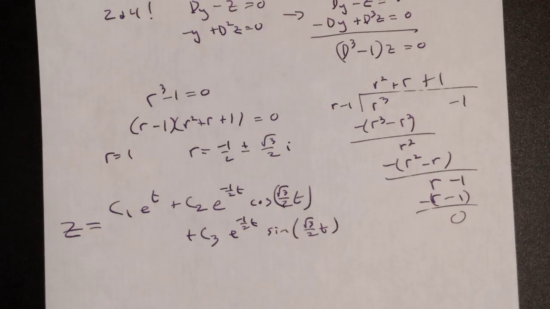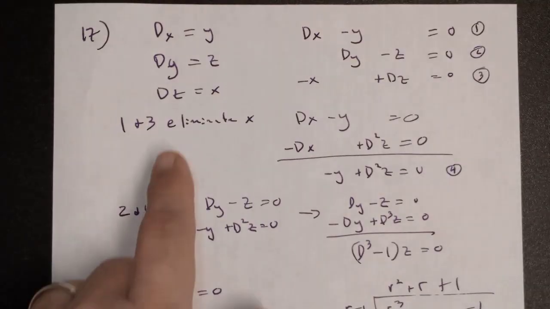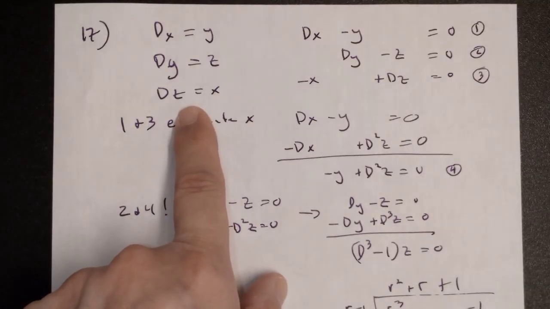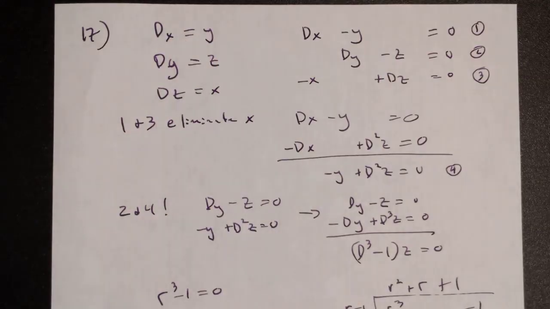Well, now I'm going to do the same thing I did in the last problem, because if I go back up to the original equations, I know that x is the derivative of z. And I know that y is the derivative of x. So I don't have to do any more integrals. I just have to do two sets of derivatives. Because I have z, I can get x.